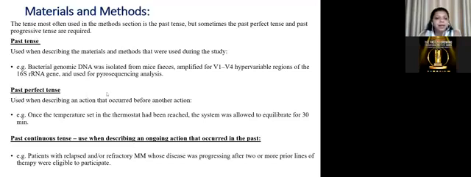Let's see. And now let's see when we can use past perfect, especially when we are talking about the methodology and the material section. Okay, past perfect tense is used when describing an action that occurred before another action. Now this is important. Now especially in science-based research, if you are into like engineering and all that, you are talking about different steps that were involved in the experiment process.